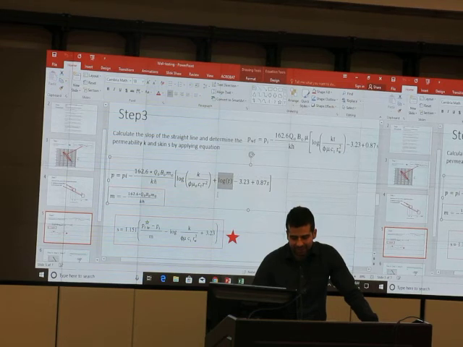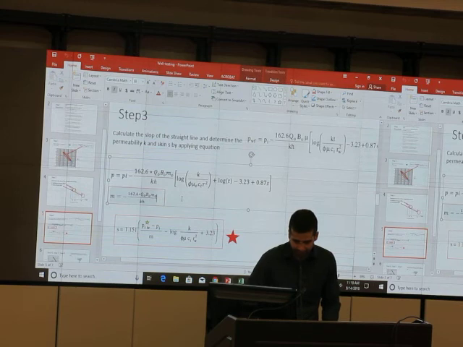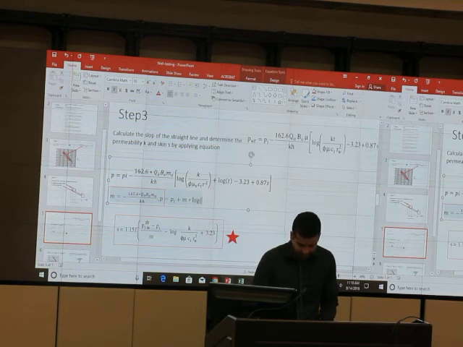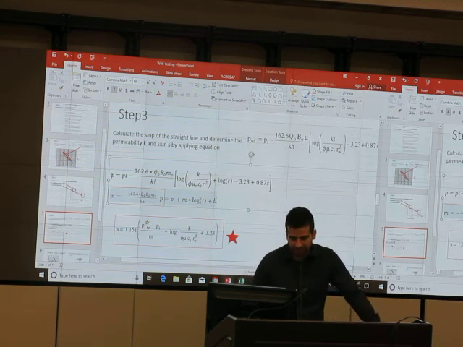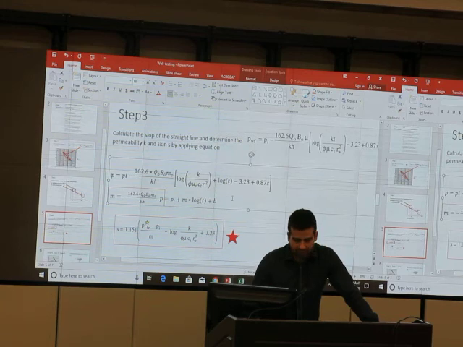So you're going to have an equation of the form p equals p_i plus m multiplied by log of t plus b, where b is this coefficient multiplied by these two numbers and this one. So this is where your linear equation comes from, based on the log of t.